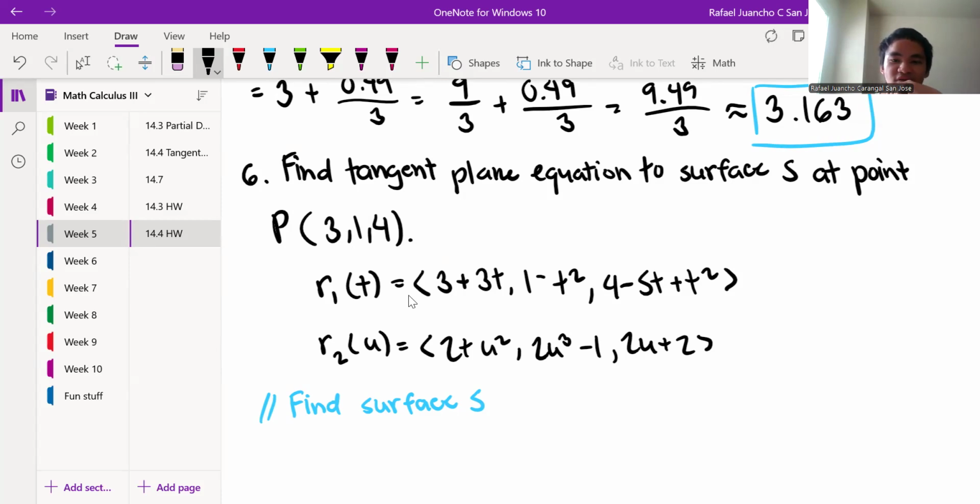But how do I find the surface given these two curves or these two vector functions? And they both lie on S. Hmm.